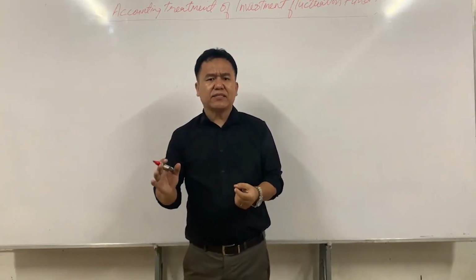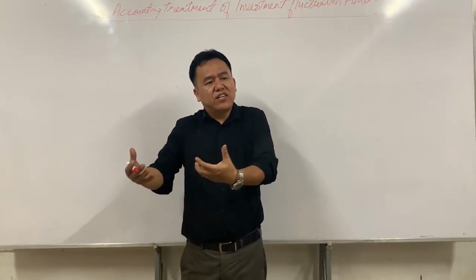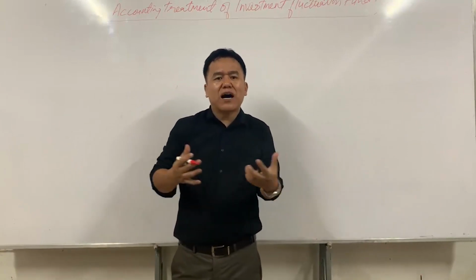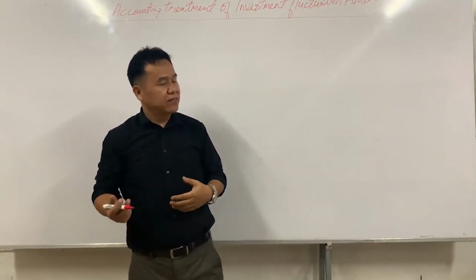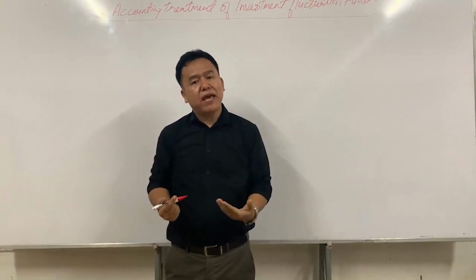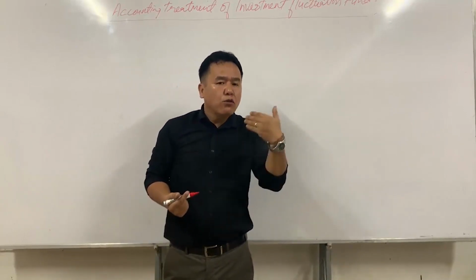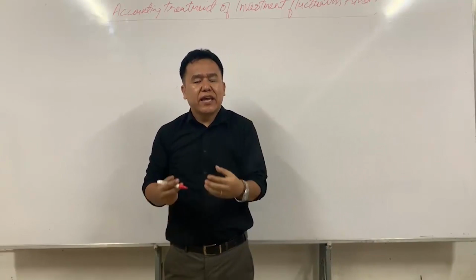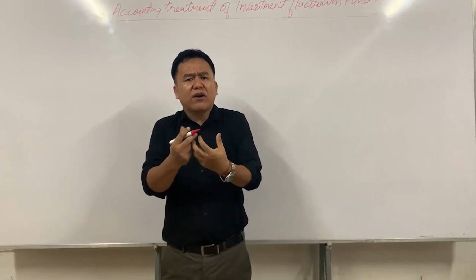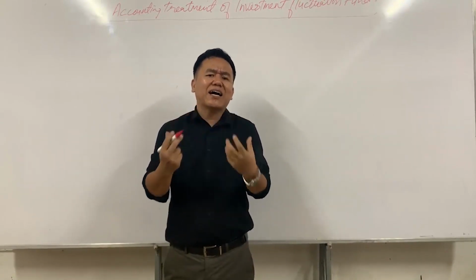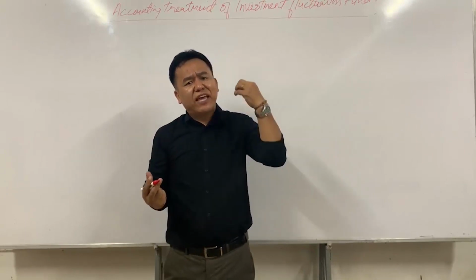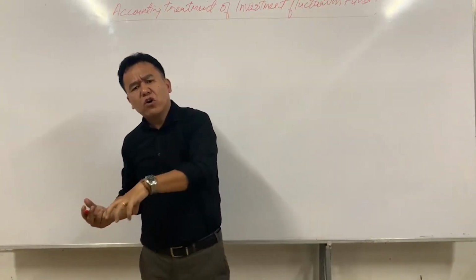It is created to adjust the difference between book value and market value of the investment. Since investments made by the firm are always subject to market risk, its value may increase or decrease. There is always uncertainty.